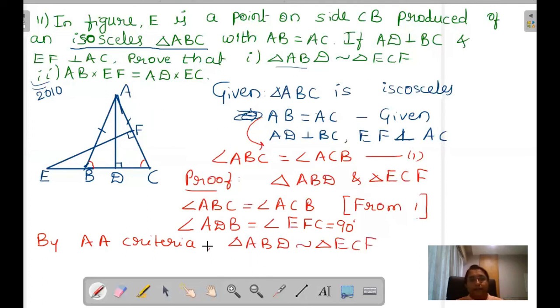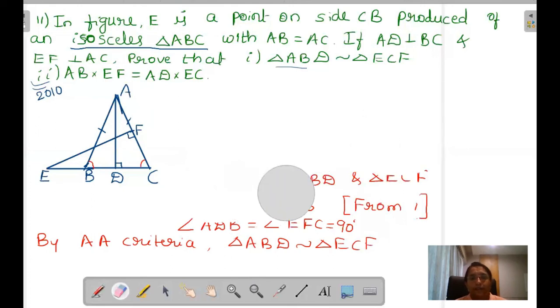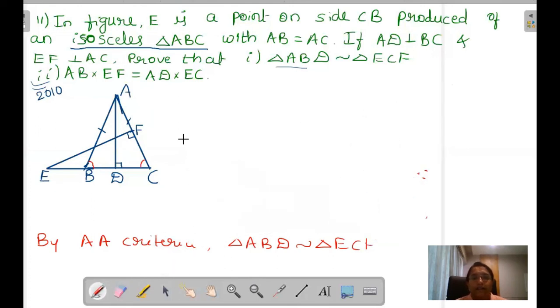Next, the second part is there. We have proved that triangle ABD is similar to triangle ECF.